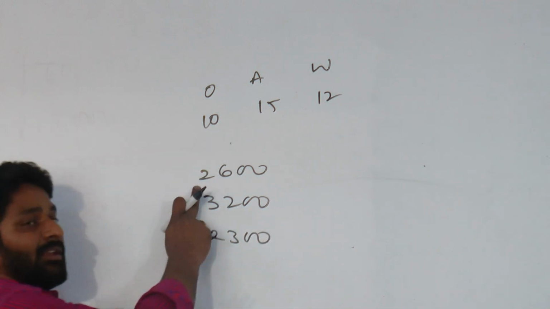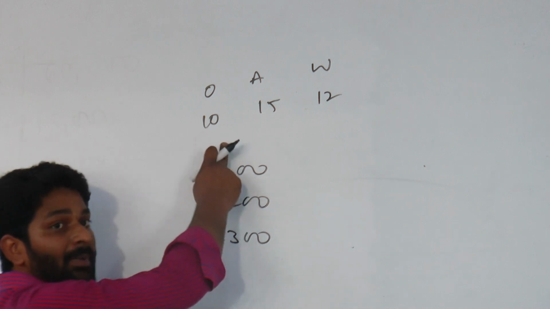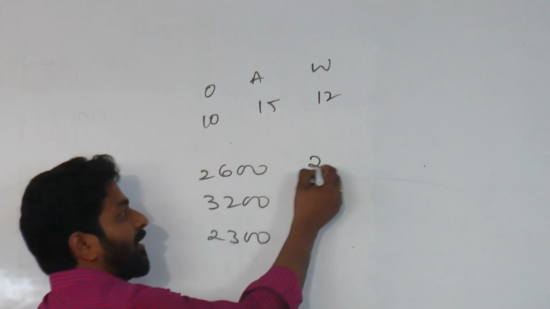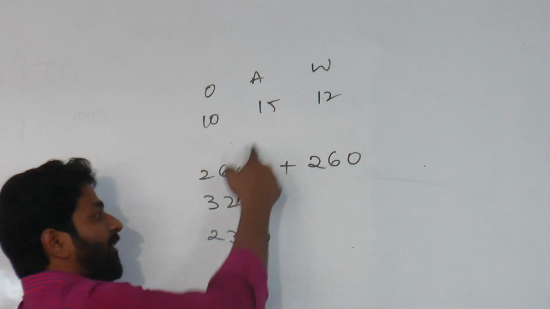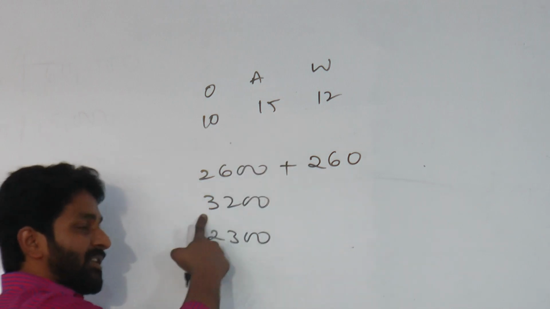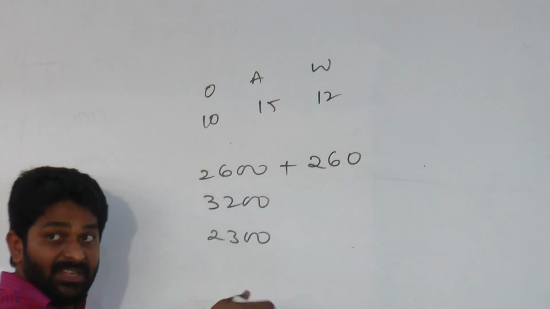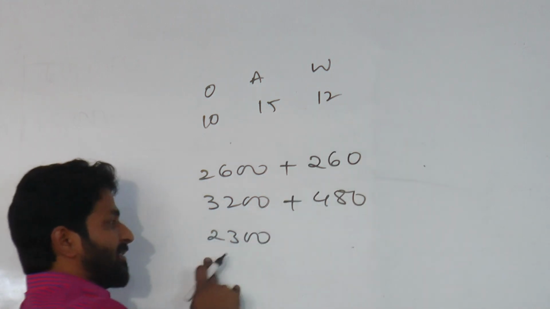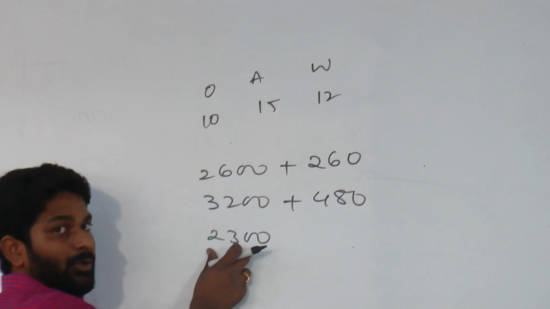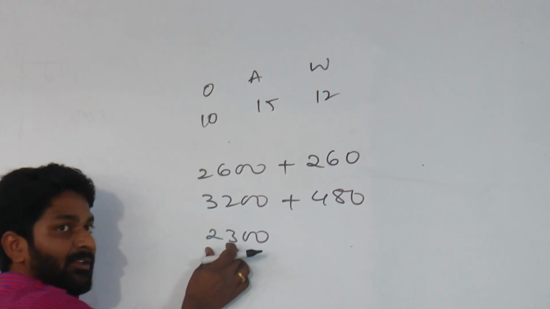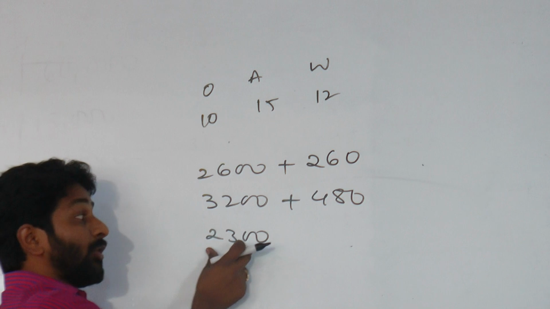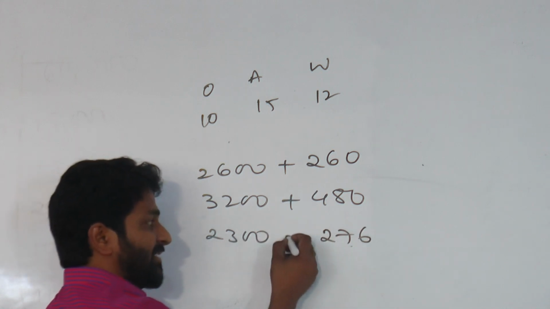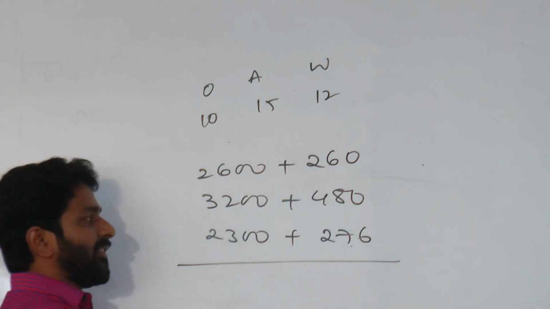This is Odisha value in 2009. Now you need to increase its value by 10%. 10% of this number 260. 15% you need to increase for AP. 10% is 320, 160, 480. Okay, 12%, 10%, 230, 1%, 23, 2%, 46, 276. Okay, you need to add everything.